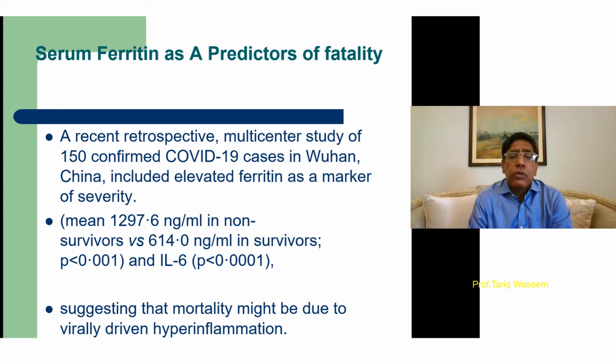And the same was true of interleukin 6. In fact, the p-value for interleukin 6 was even more favorable, in that the elevation in interleukin 6 in patients who did not survive was quite marked as compared to the others. So this suggests that the mortality might be due to virally driven hyperinflammation.